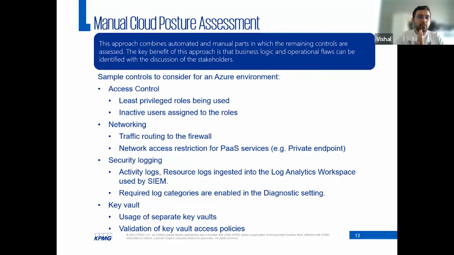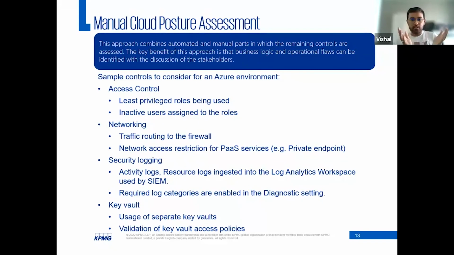So then comes the manual assessment part, where you combine the automated and the manual part, doing deep dives or console walkthroughs of your customer environment, and going through the configurations which are not covered by the automated solutions.